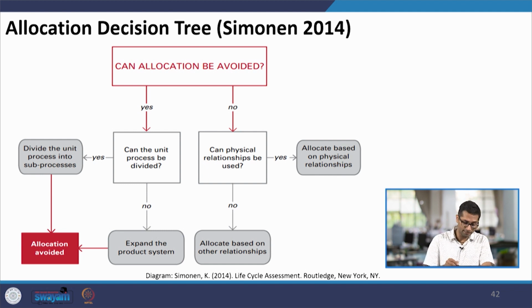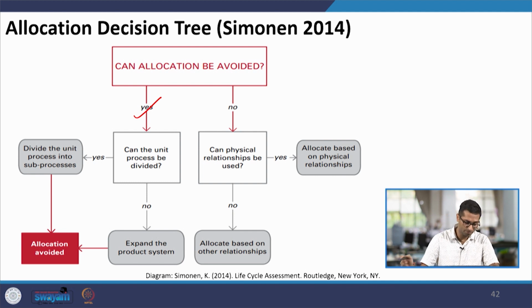If the answer is yes, and it means that the unit process could be divided, we should try to do that. Although we are considering a unit process, a further study might indicate that even this unit process might still be breakable into smaller unit processes. If that is a possibility, the different products might be attributed to different processes, and there might not be a need for allocation altogether.